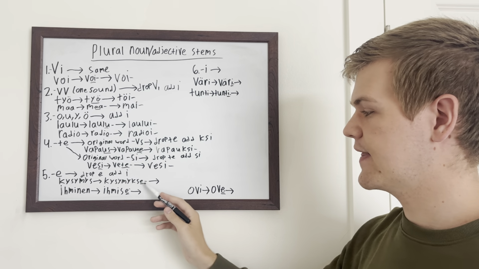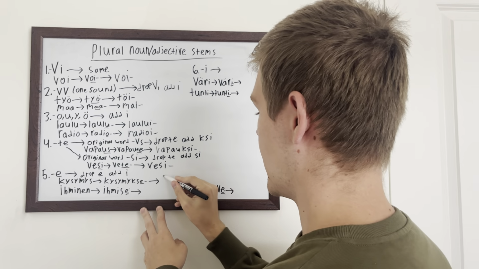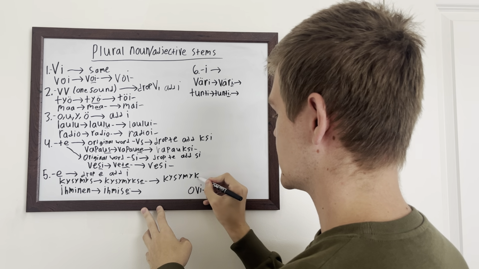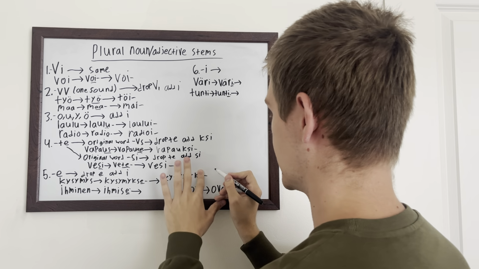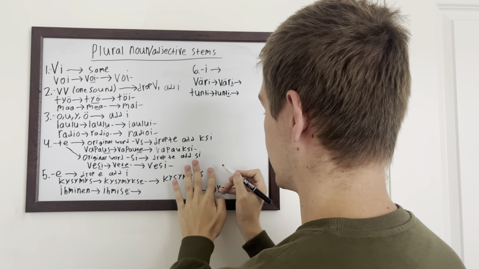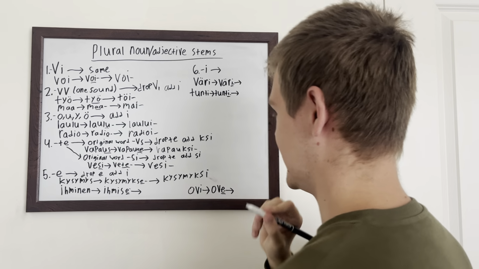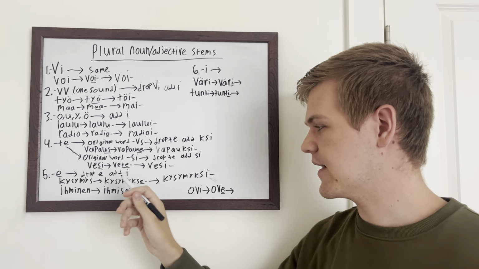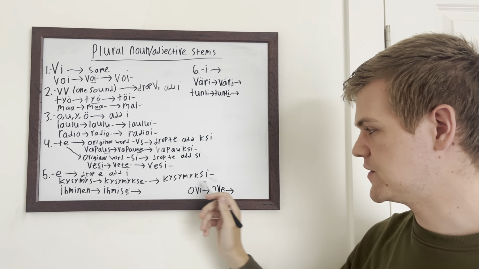So we're just going to take that E and make it into an I. So we get kysymyksi. Whoops, I forgot the S there, sorry. Kysymyksi. Dang, I'm having a hard time spelling here. Kysymyksi. There we go. So we take that E and just change it into an I, kysymyksi.